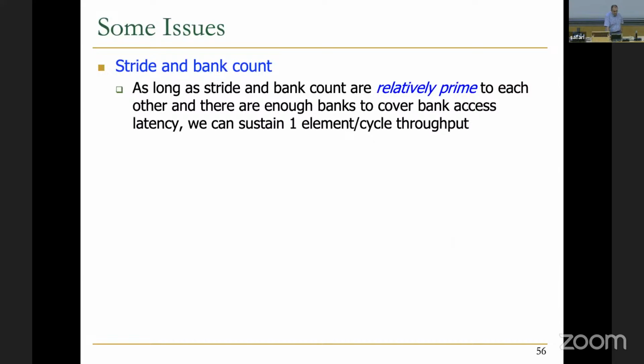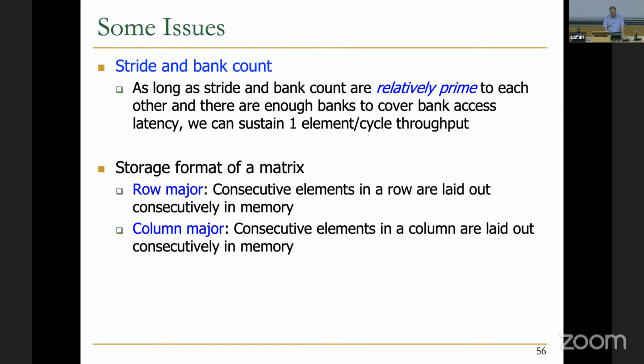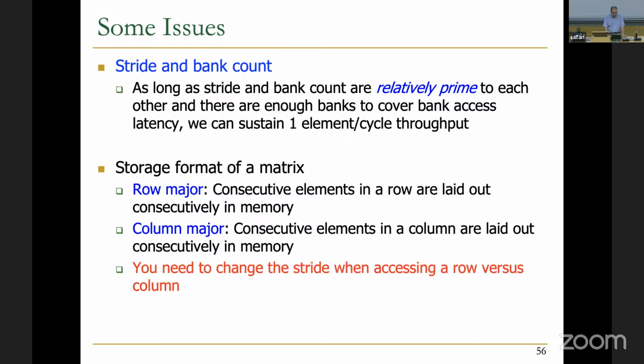Some issues, as I said, about the stride and bank count: they should be relatively prime to each other, and there should be enough banks such that we can sustain one element per cycle throughput. It's good food for thought why they should be relatively prime, so you can think about it at home. When we run this matrix multiplication, we have different strides.